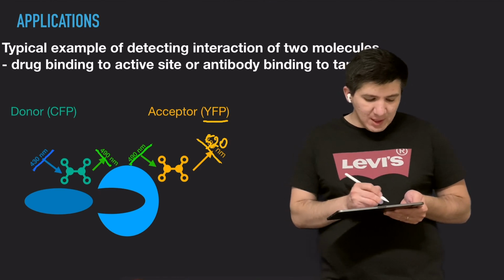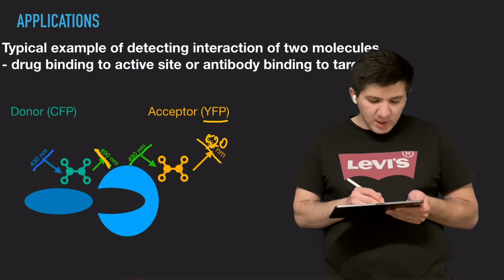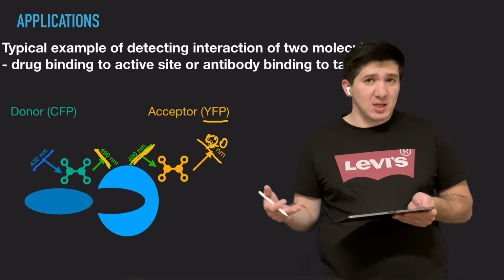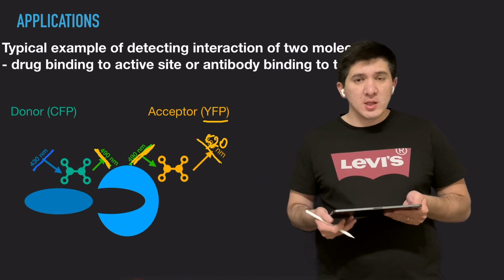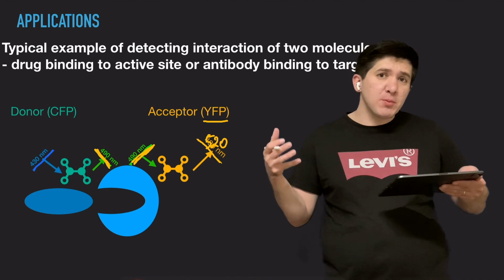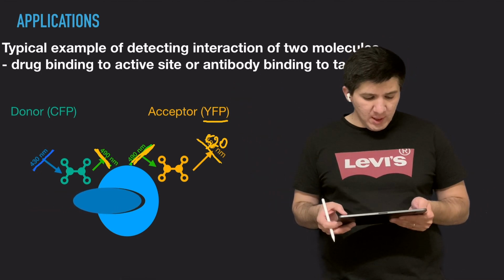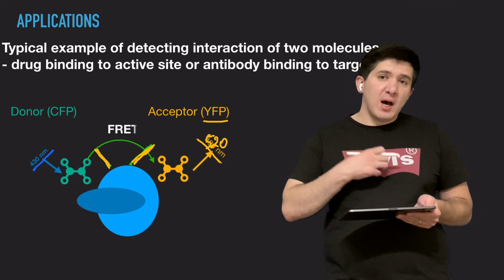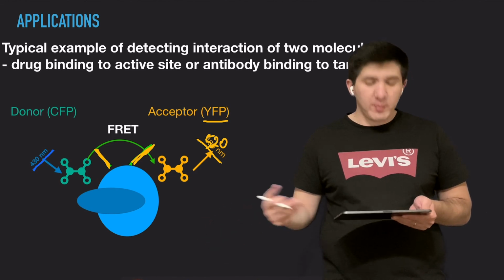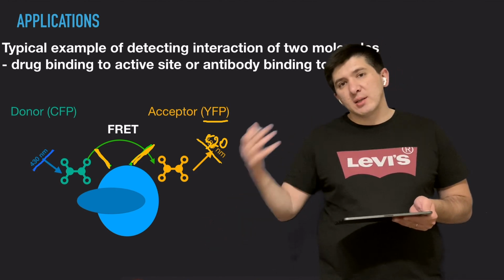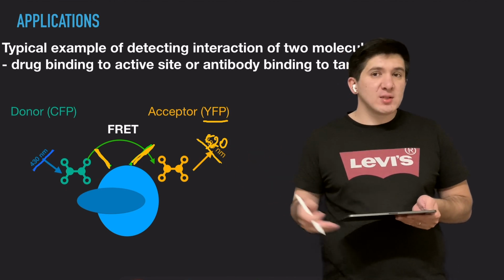Okay, so you see, the emission spectrum of a donor is going to be the same as the excitation spectrum of an acceptor in this case. So what happens when these two proteins, which are stained with the fluorophores, come together is that instead of getting a signal from the donor, I will get a signal from the acceptor. Essentially, the light which we're obtaining is going to be at 520 nanometers.